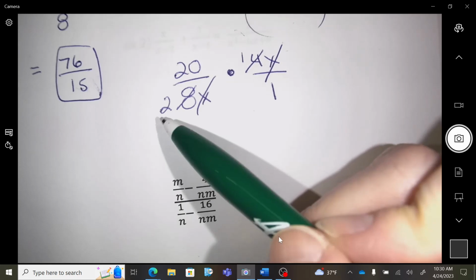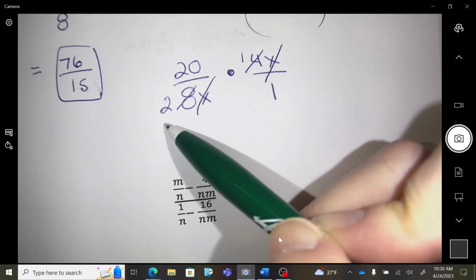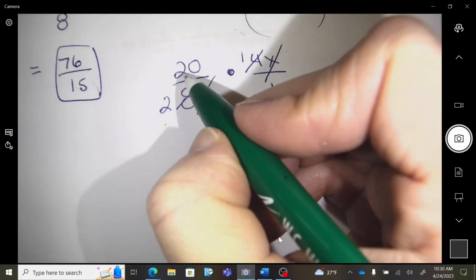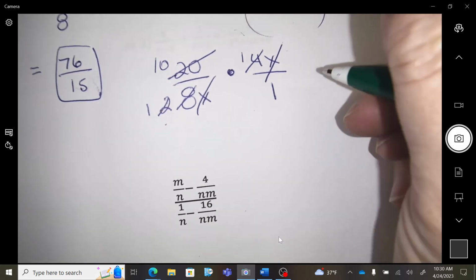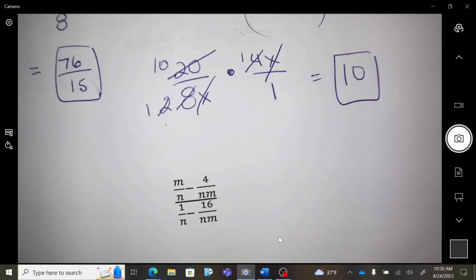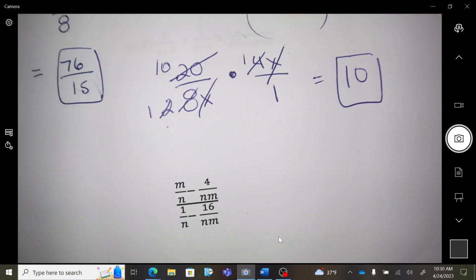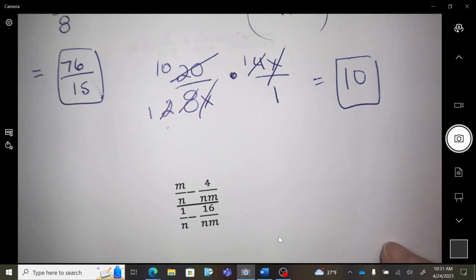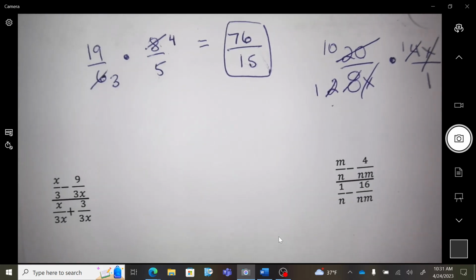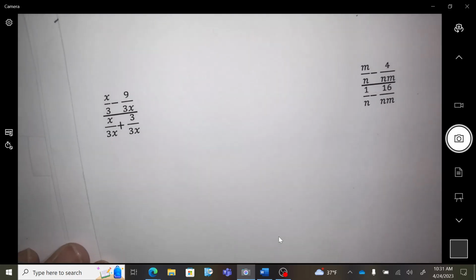Then I still have a 20 and a 2. So what else could I do? Divide by another 2, so this would turn into a 10 and a 1. Okay, 2 more questions.